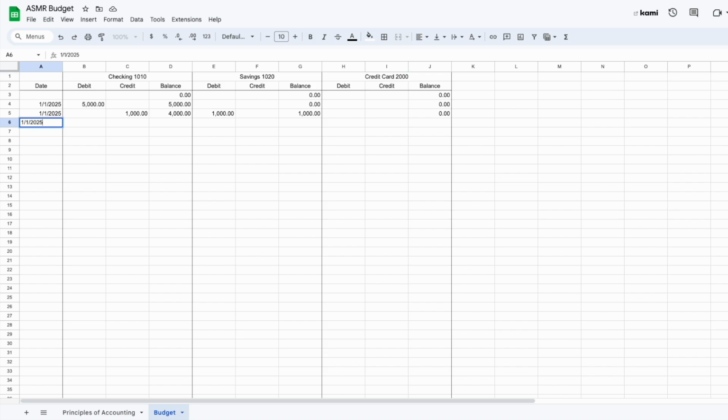Now, let's say you are trying to build some credit. So you plan to put the balance on your credit card. Your rent is $1,500 a month. That's $1,500.